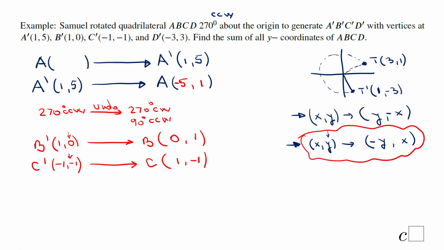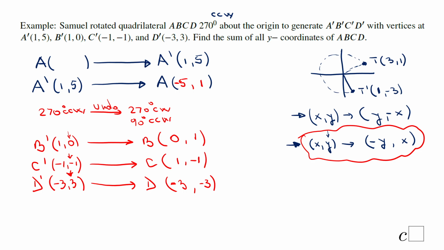And we have our last one, D prime. D prime is -3 and 3. We're going to switch, and we get D. We switch X and Y, 3 and -3, and then change the sign of this Y, -3. Okay, so that's it.